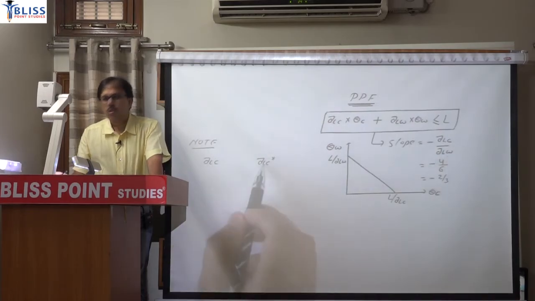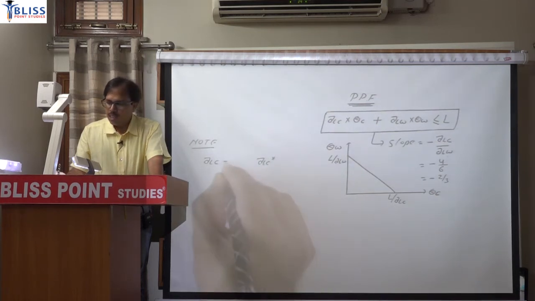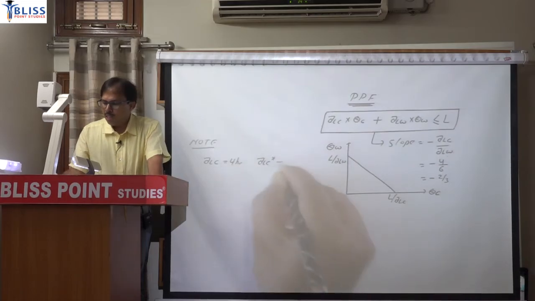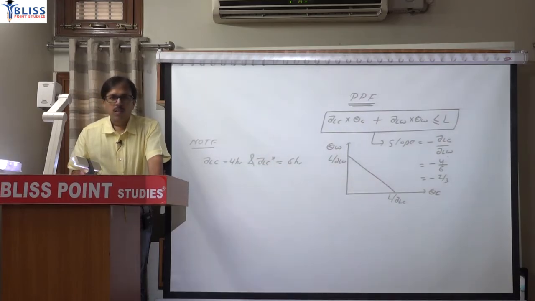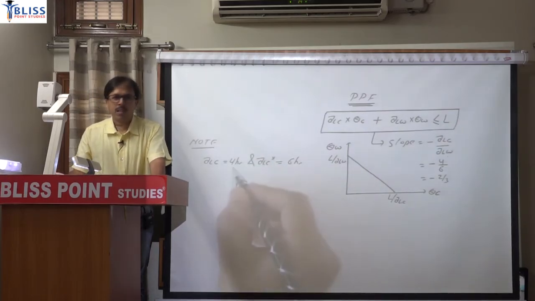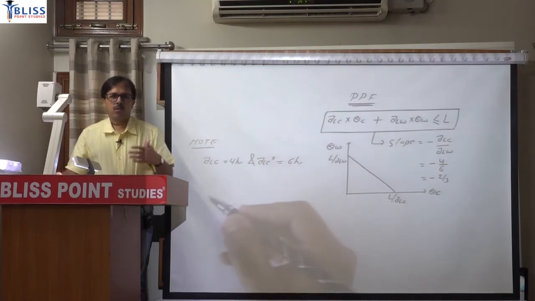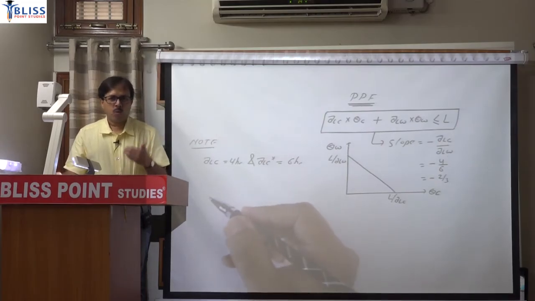If you compare only these two numbers, then it is absolute cost advantage. Suppose I say ALC is 4 hours and ALC star is 6 hours, then based upon that you can say in the home country labor can produce 1 unit of cheese in less time. So the home country has absolute advantage in cheese.